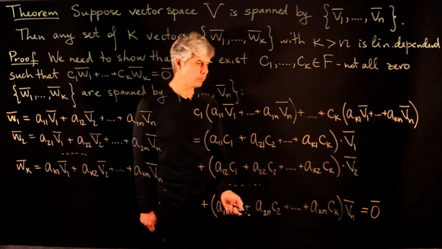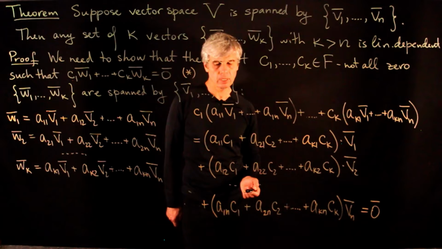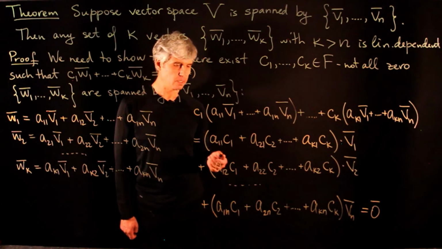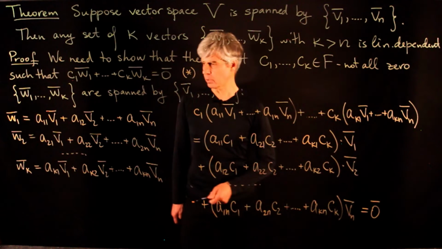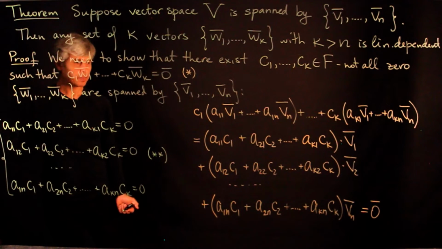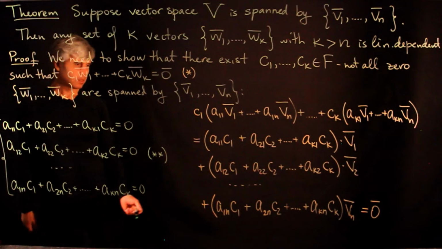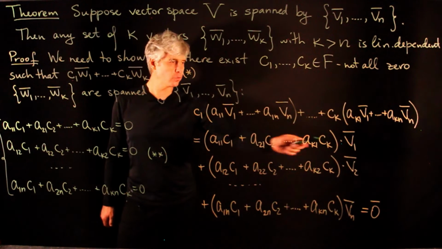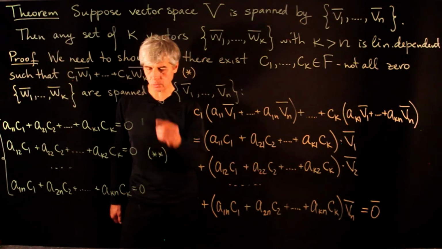So how can we obtain a solution for this vector equation? One way of getting this solution is to equate each coefficient to 0. So let's do that. Now we form a system of linear equations by equating each of the coefficients at v1, v2, and vn to 0.